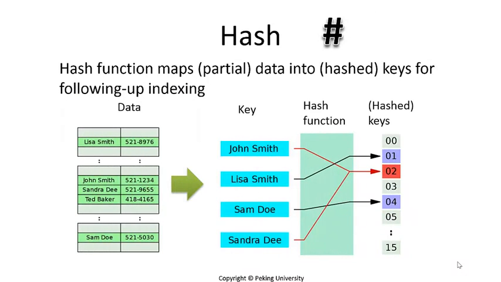Hash is a very common indexing method. The index address is set as the value of hash function for the corresponding key in the original data. The expected time complexity for searching is constant, i.e. O(1).